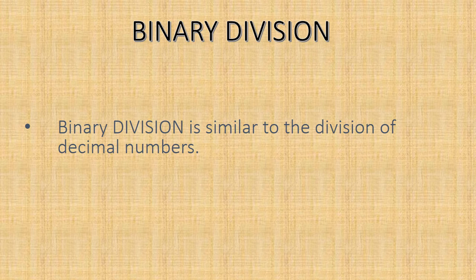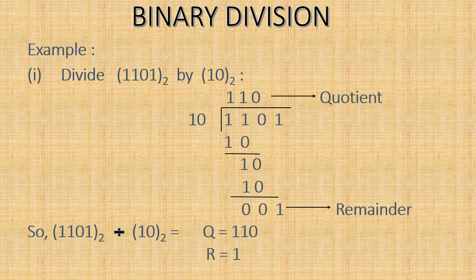Now we'll move to binary division. Binary division is also similar to the division of decimal numbers. So we'll take one example over here. Divide 1101 by 10. Both are binary numbers and we have to divide 1101 by 10.